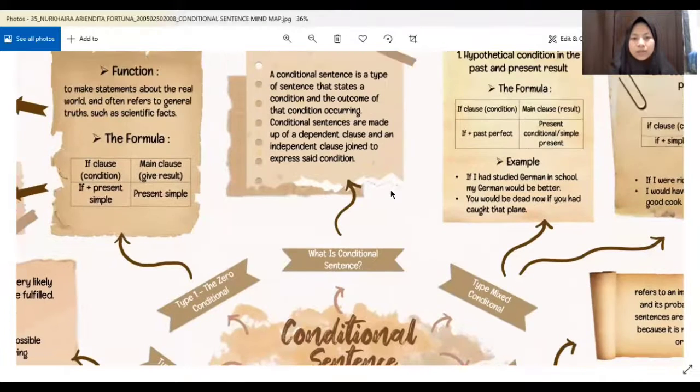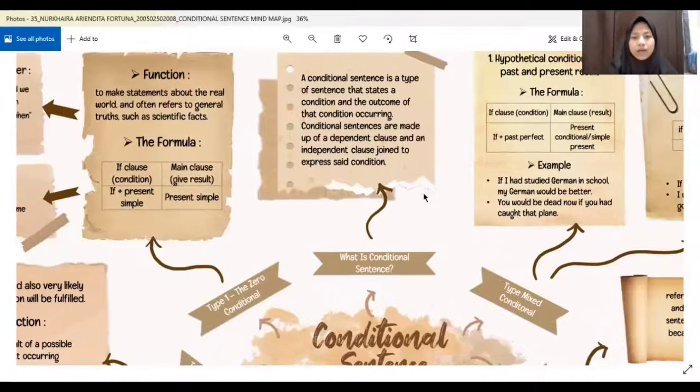Let us begin with the first material: what is a conditional sentence. The definition of a conditional sentence is a type of sentence that states a condition and the outcome of that condition or situation occurring. Conditional sentences are made up of a dependent clause and an independent clause joined to express a condition.